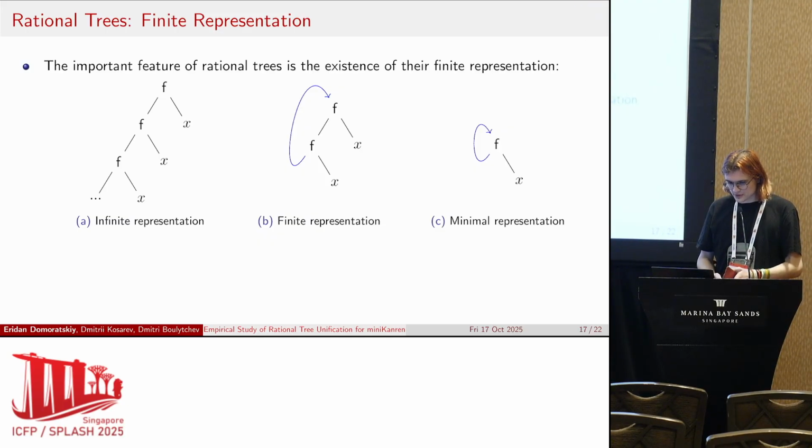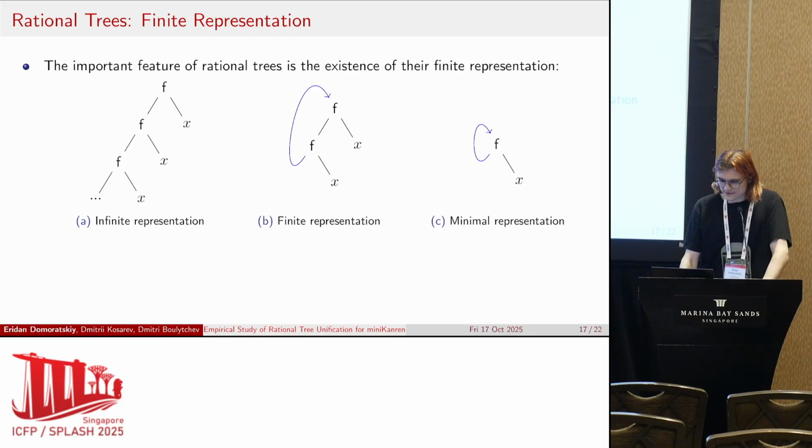An important feature of rational trees is having a finite representation. A finite representation is just a graph that consists of a tree and possibly links to some subtrees, back references or cross references to compress the representation.